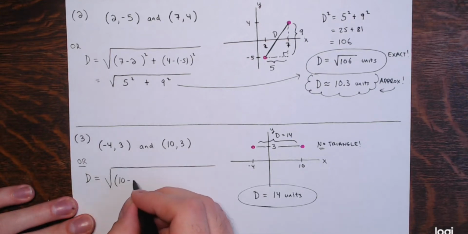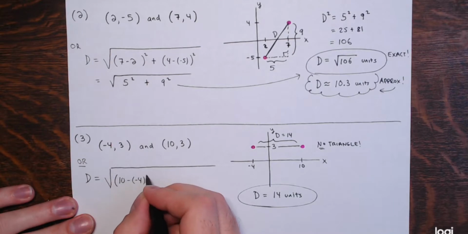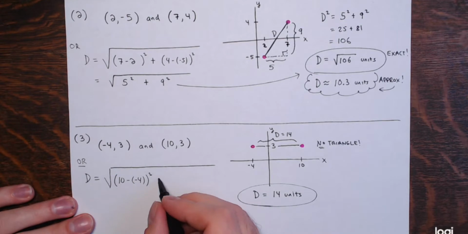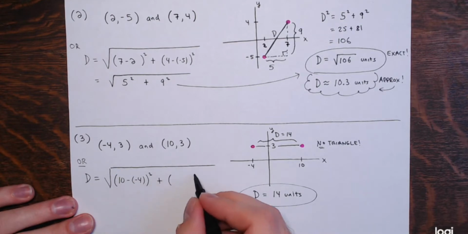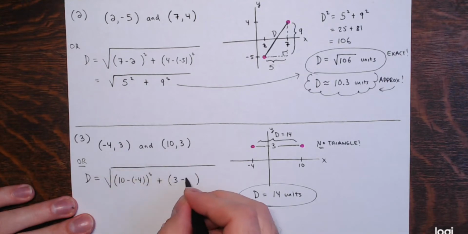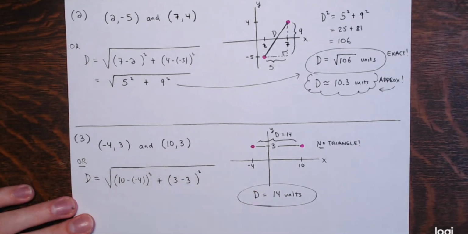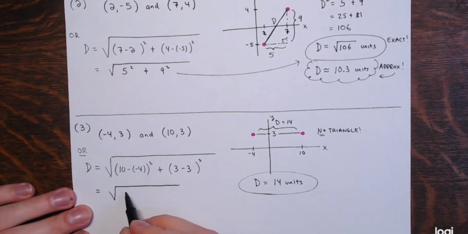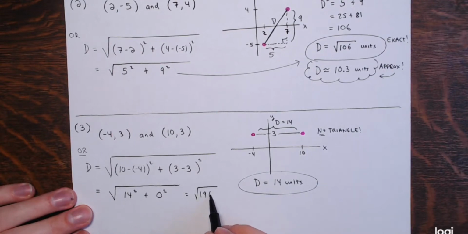You subtract the x coordinates and then square that, plus, and then inside your next set of parentheses, subtract the y coordinates, 3 minus 3, and then square that. Well, that's 0. We have the square root of 14 squared plus 0 squared. That would just be the square root of 196, which is just 14. I mean, the square root of 14 squared would just be 14.